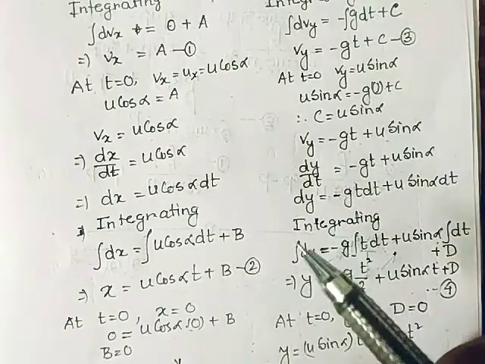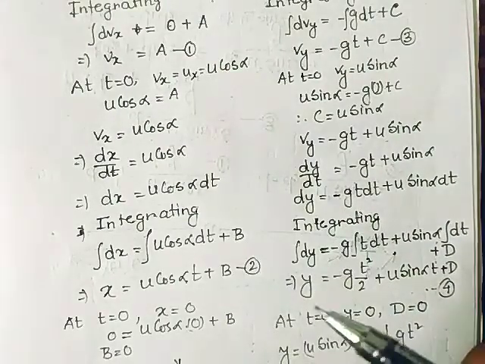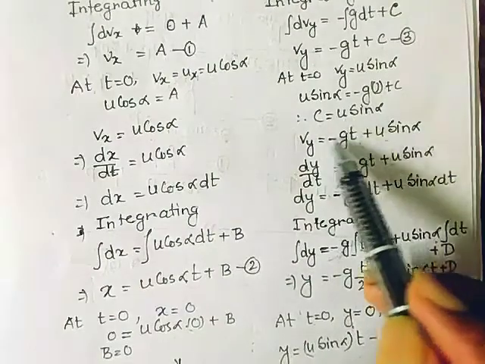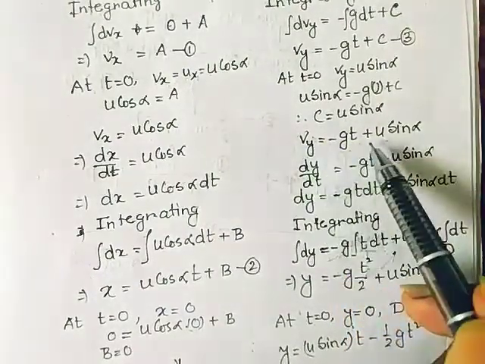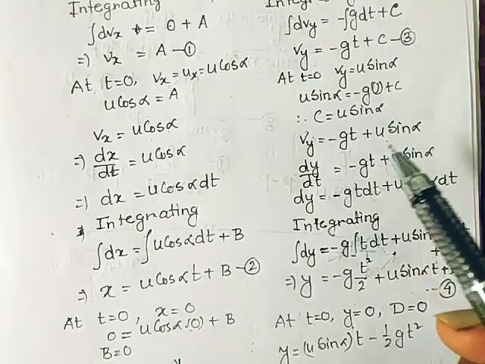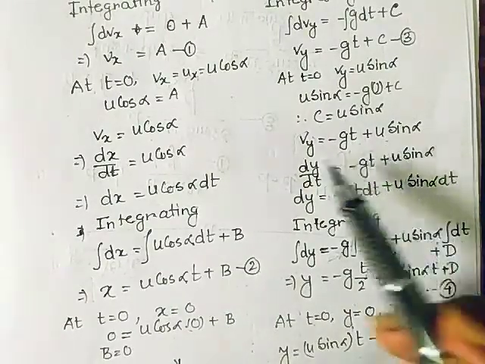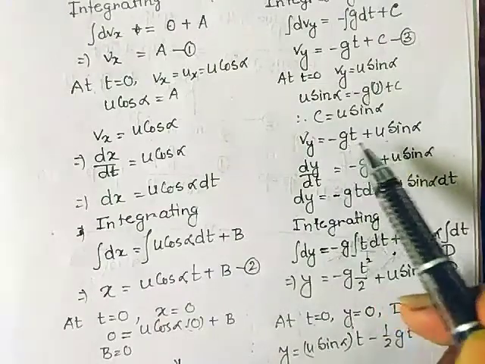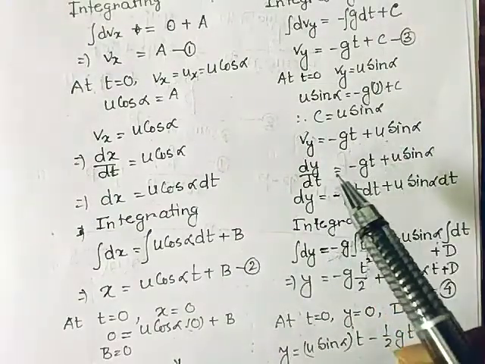So we can say at each and every second the initial velocity u sin alpha is reduced by g. That is, in the first second it is reduced by 9.8. In the second second, vy will become u sin alpha minus 9.8 into 2, that is 19.6. In the third second it is u sin alpha minus 9.8 into 3.